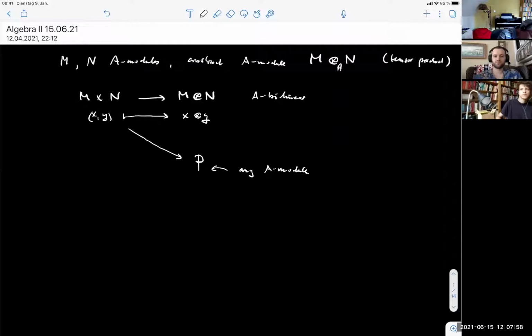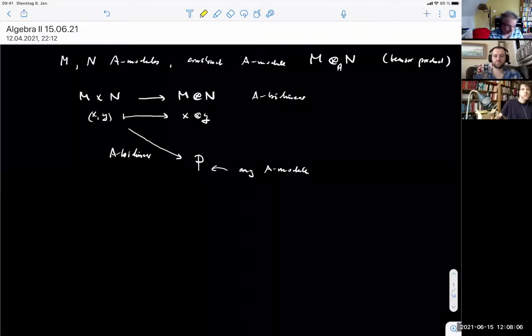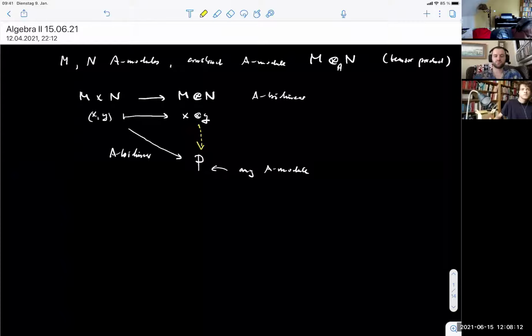And this module comes with a bilinear map. Then the statement is that there is a unique factorization. So there is a uniquely defined A-linear map which makes the diagram commutative.